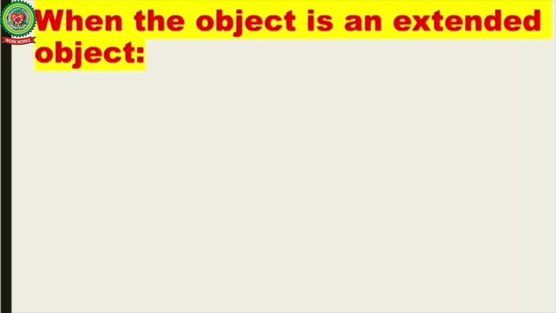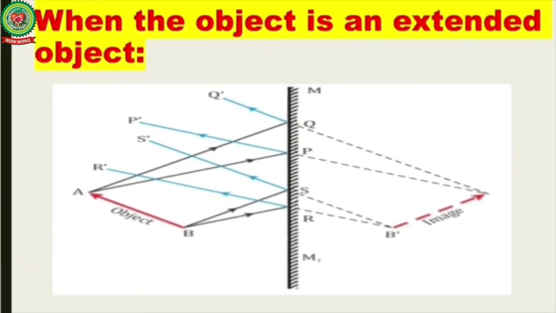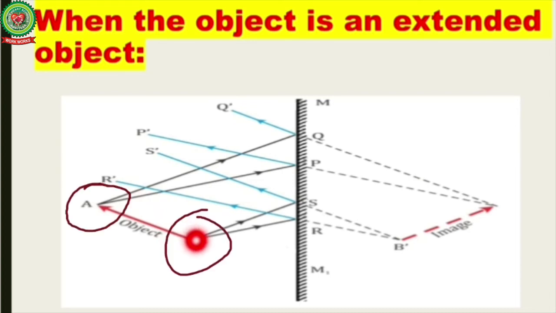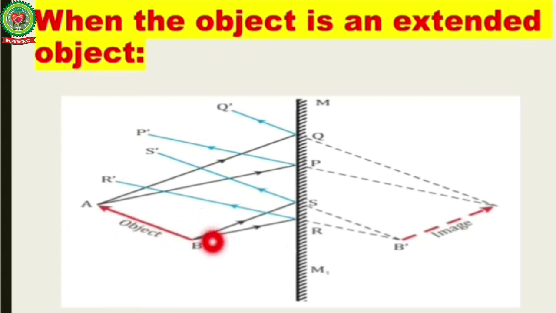Let's discuss the image formation when the object is an extended object. Students, take an extended object AB. Now consider it as two point objects, point A and point B. Firstly, we will draw the image of point A followed by point B. From the point A, two rays fall on the plane mirror, the rays AP and AQ.